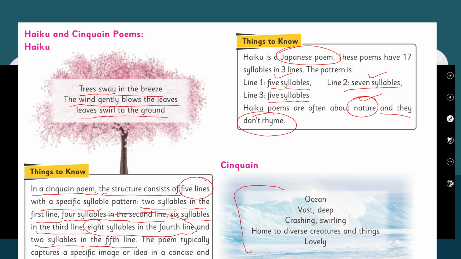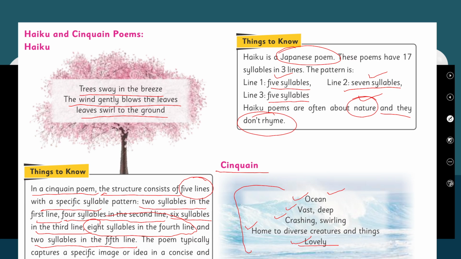Now here you can see 5 lines, 1, 2, 3, 4, and 5. Now there are ocean, 2 syllables in the first one, 4 in the second, 6 in the third, and 8 in the fourth line, and finally 2 syllables in the fifth line. So this kind of poem will be called a Sinken poem.